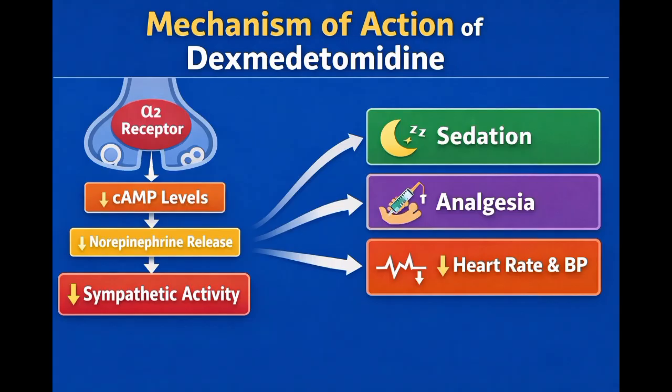Location number two is the spinal cord. The spinal cord, as you know, has very many parts. The specific part of the spinal cord where the alpha-2 receptors are located is the dorsal horn. In the dorsal horn, you know that is mostly the place for ascending tracts.